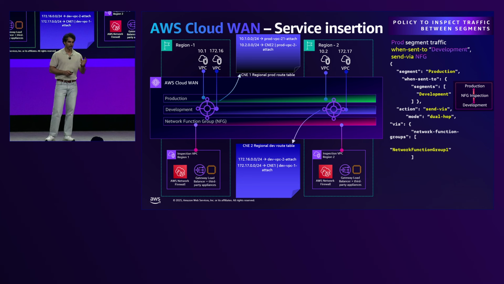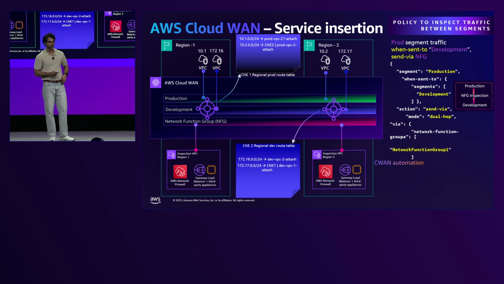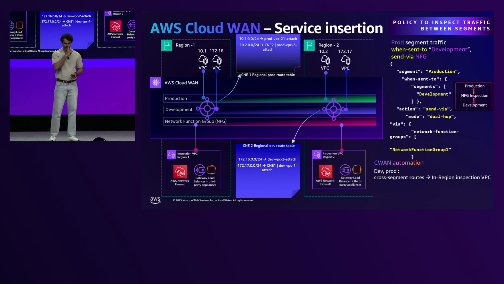Let's look at our prod route table in region 1 and dev route table in region 2, because I'm doing prod to dev routing, so I want to show you exactly how these routes are populated. So when I write this policy, Cloud WAN automation kicks in. And what it does is, for development and prod route tables, it says cross-segment routes.